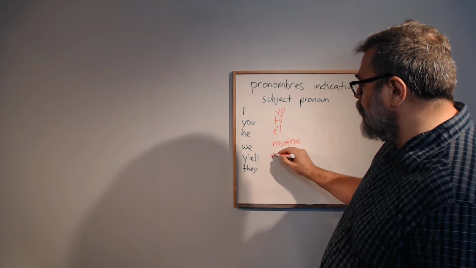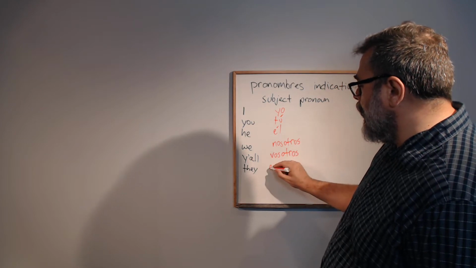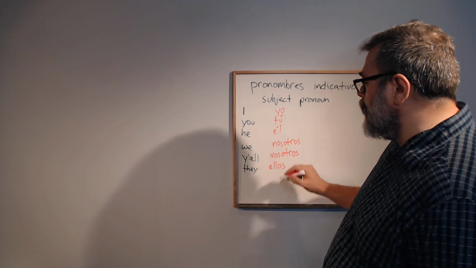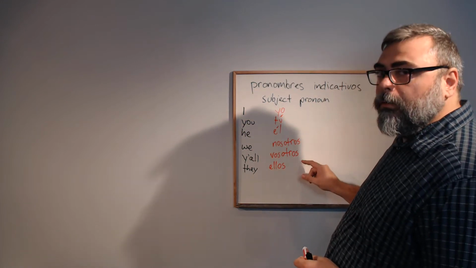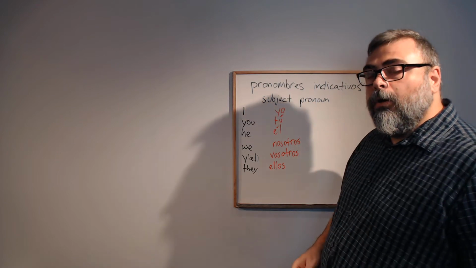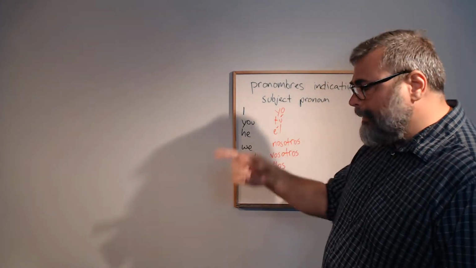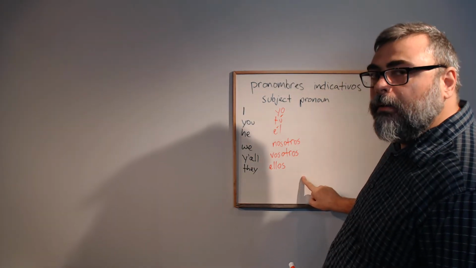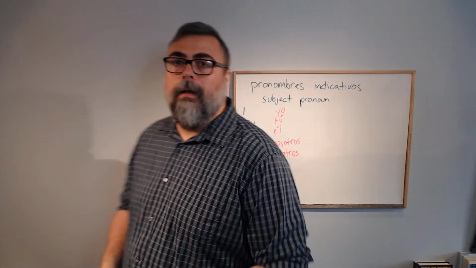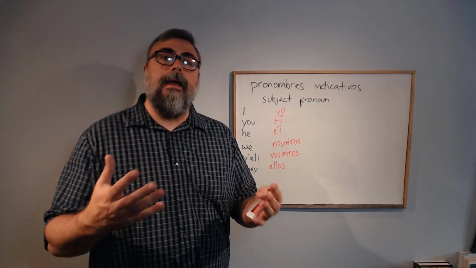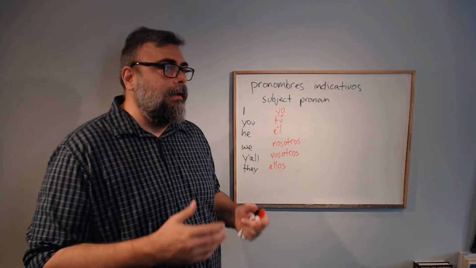Y'all es vosotros. Y they es ellos. Yo, tú, él, nosotros, vosotros, ellos. Ustedes deben memorizar eso. Yo, tú, él, nosotros, vosotros, ellos. Ustedes deben memorizar. ¿Cómo decir eso en inglés?